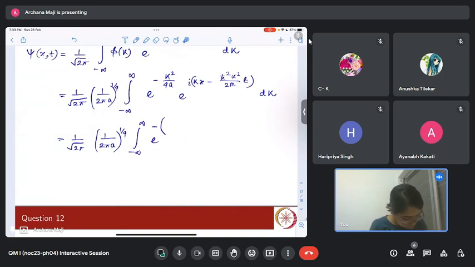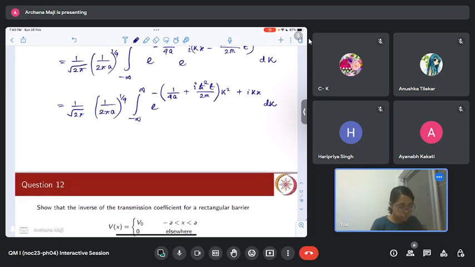So let's write it. 1 over 4a plus i h cross square t over 2m. So this is our a, that constant. This entire thing is like that constant a, plus ikx dk. So this gives 2 pi to the power 1 over 4.